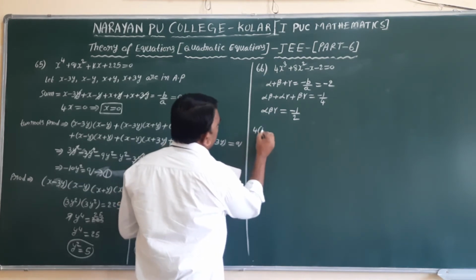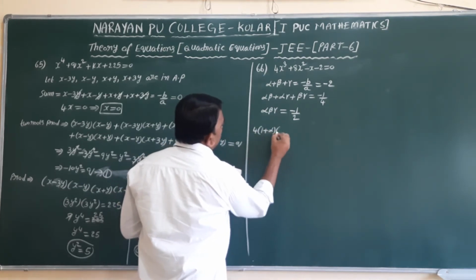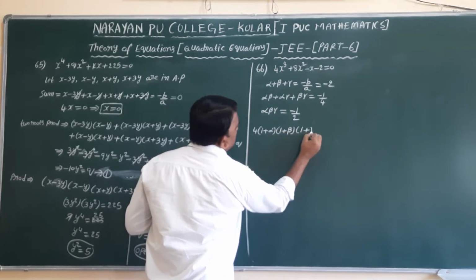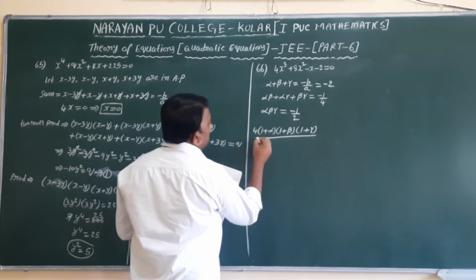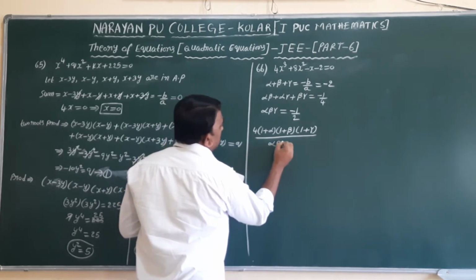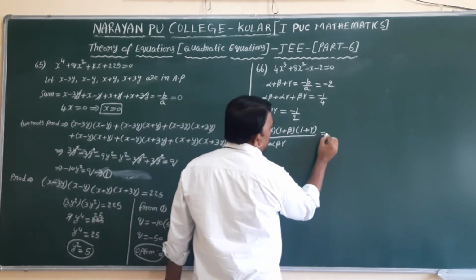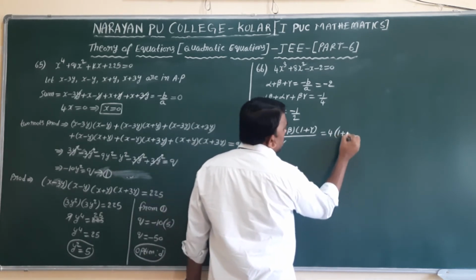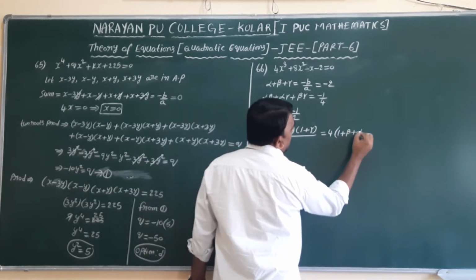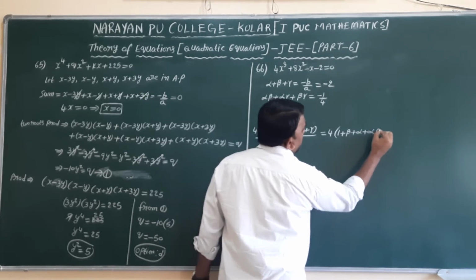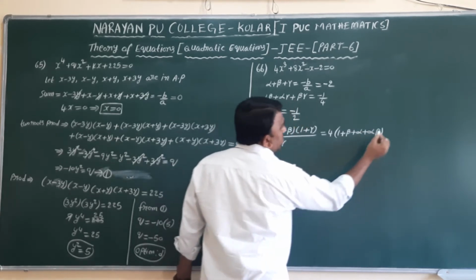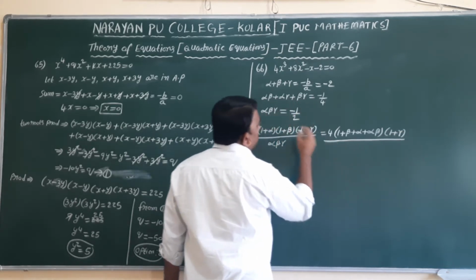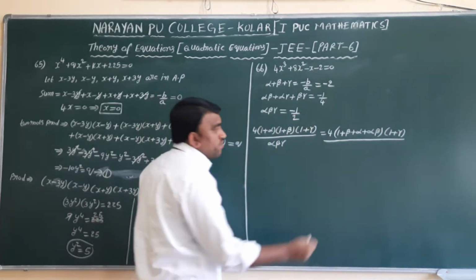Now the value of 4 into 1 plus alpha, 1 plus beta, 1 plus gamma divided by alpha beta gamma is asked. The denominator value we know, alpha beta gamma is minus 1 by 2. Sending this to the numerator, it is minus 2, and 4 into minus 2 is minus 8. Multiply these two: 1 plus beta plus alpha beta, the first two product, into 1 plus gamma.